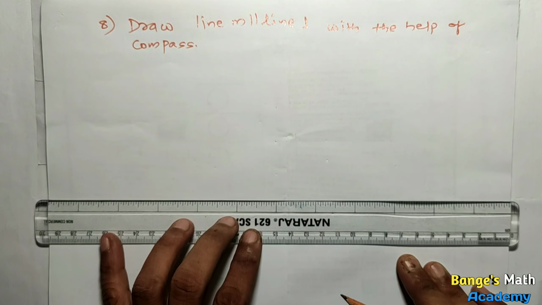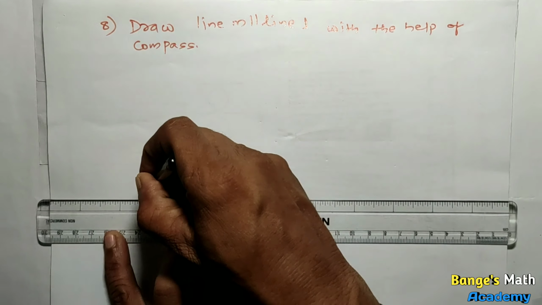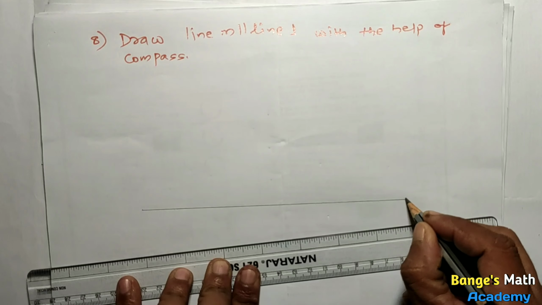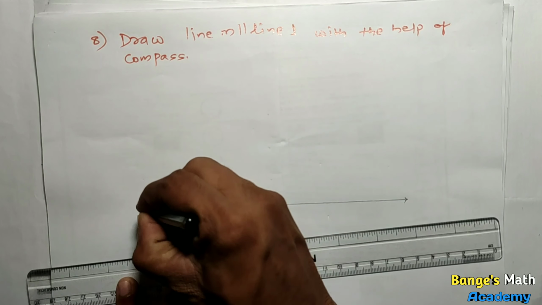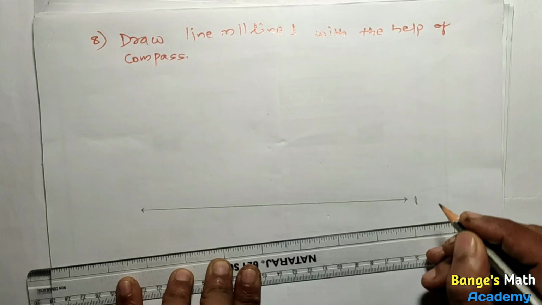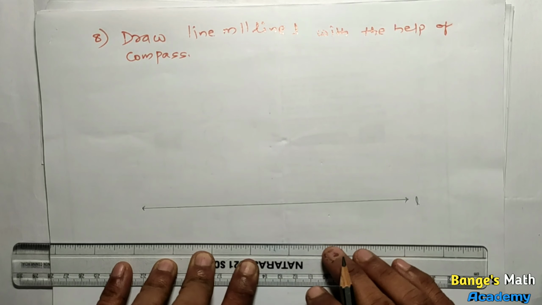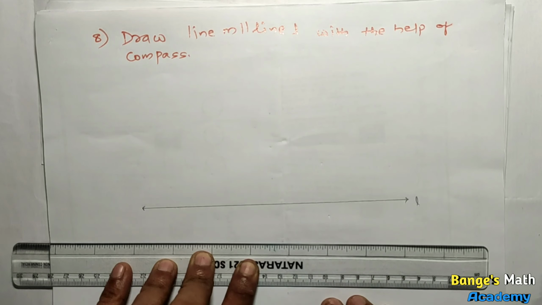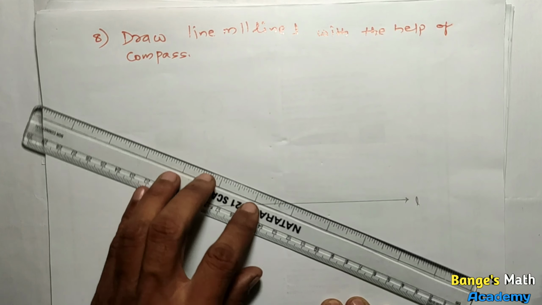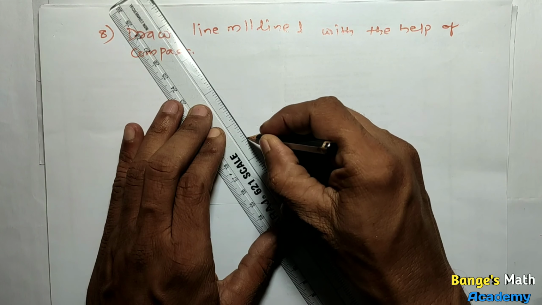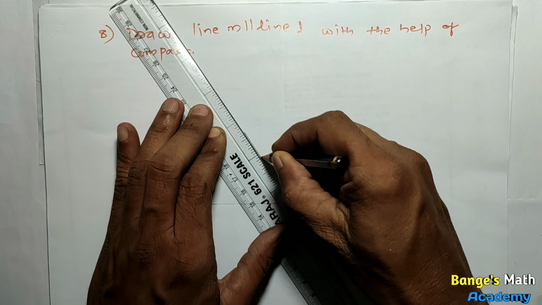Draw line L with the help of ruler. We have to draw line M parallel to line L with the help of compass. So draw an angle with suitable measure.